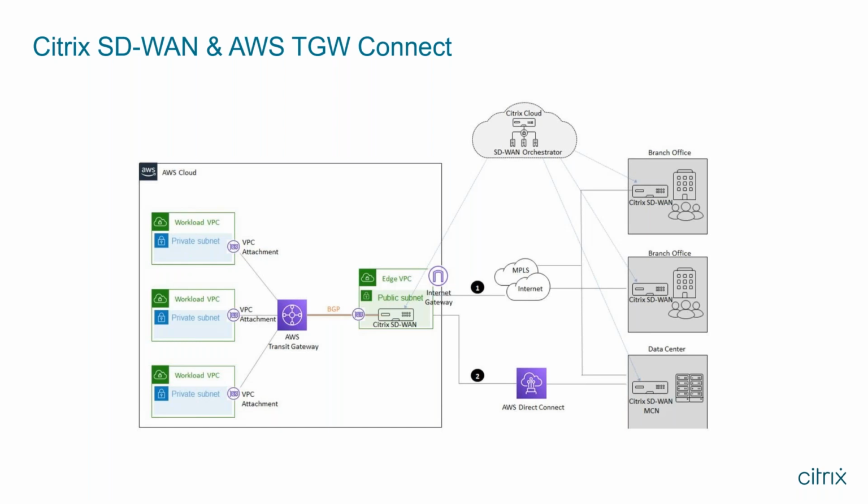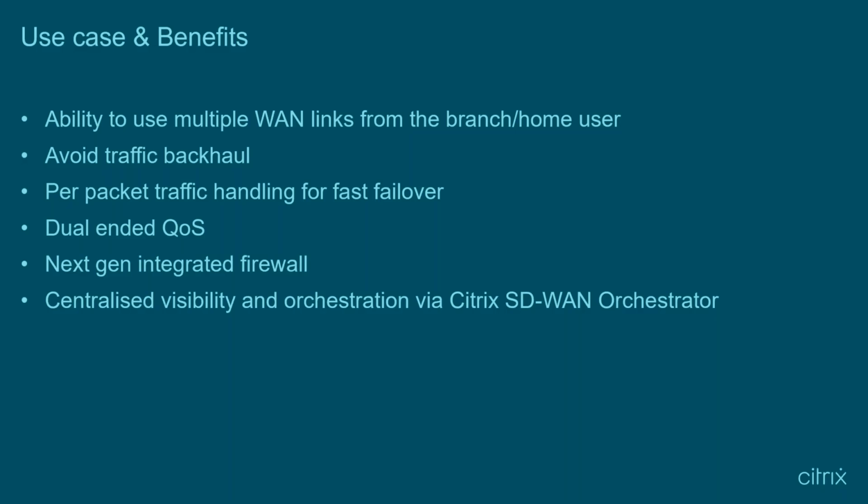Right? So we'll look a little bit deeper into how the feature functions in the video. But from a use case standpoint, this is what it means for you. So you can use multiple links from one branch or from home users to access your workloads that are in AWS, and by virtue of that, avoid backhauling the traffic from the branch to the DC.